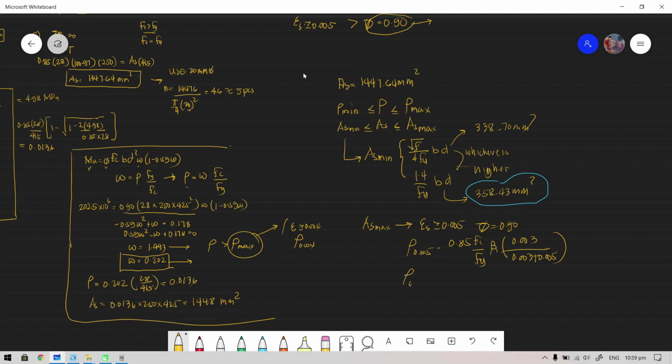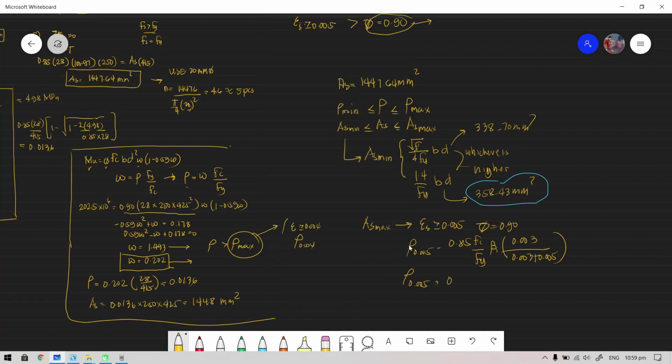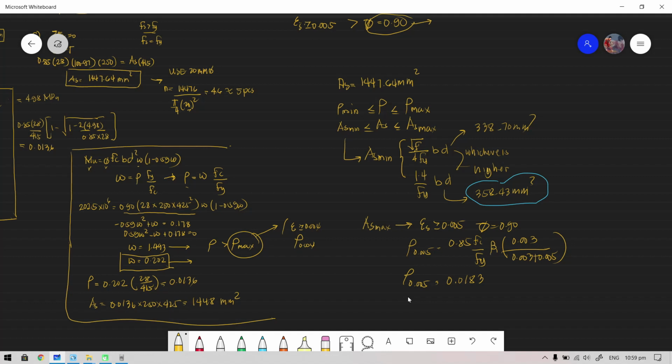So we have 0.85 times 28 over 415, beta 1 is 0.85, and pwede mo lang simplify, 3 over 8. So, 0.0183. Ito yung max.